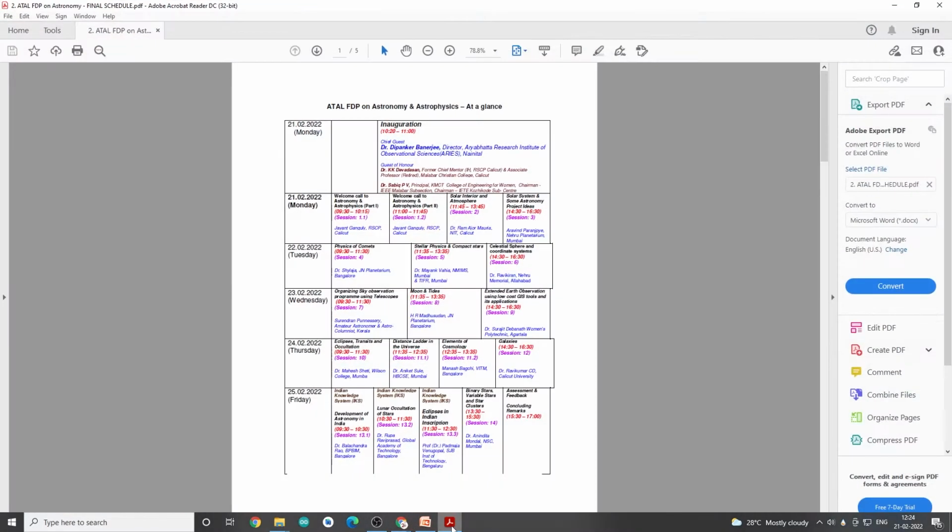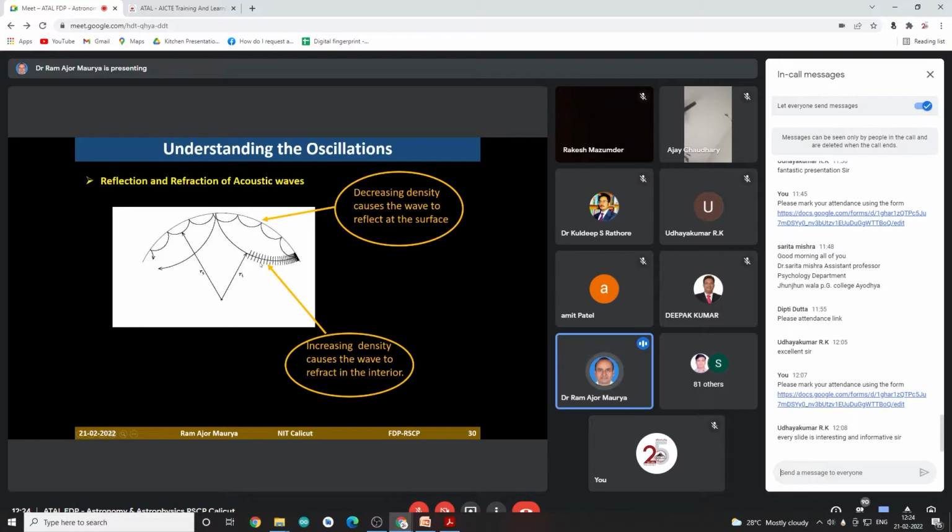In the interior we have the larger temperature compared to the sun surface, so this part would be moving faster compared to this part, which is close to the surface. So this part is moving faster, this part is moving slower, and that's why the wave will reflect. It will turn towards the surface.